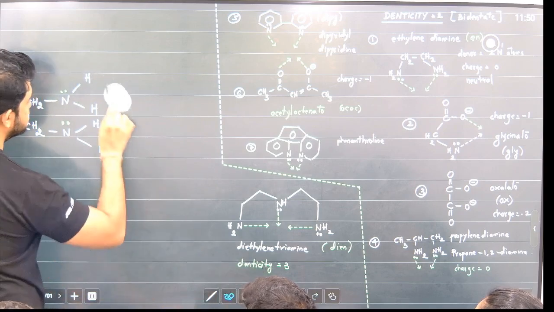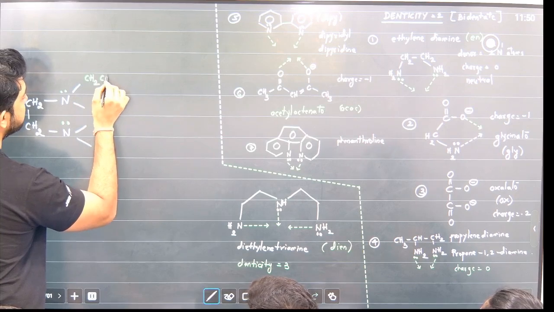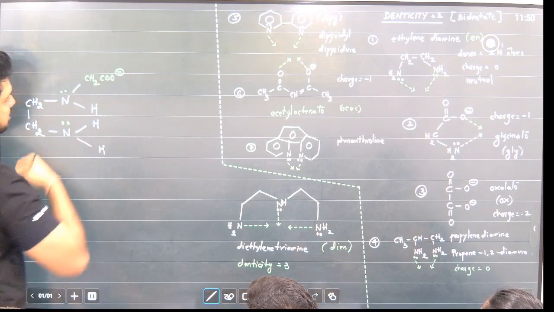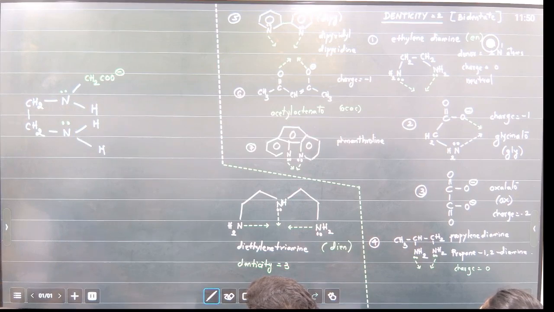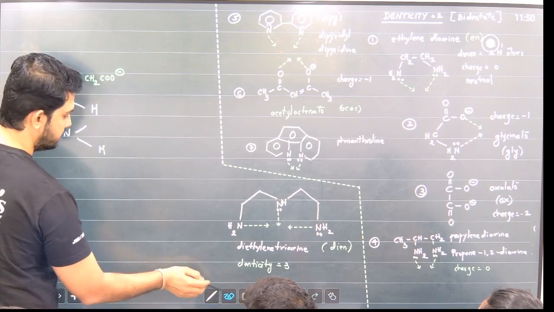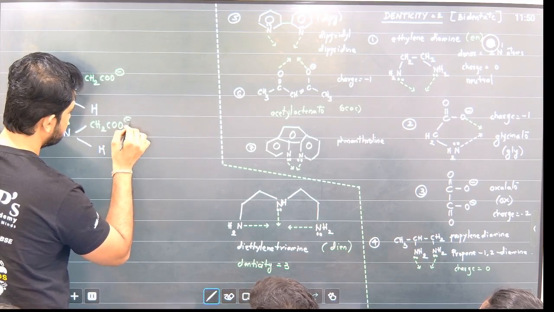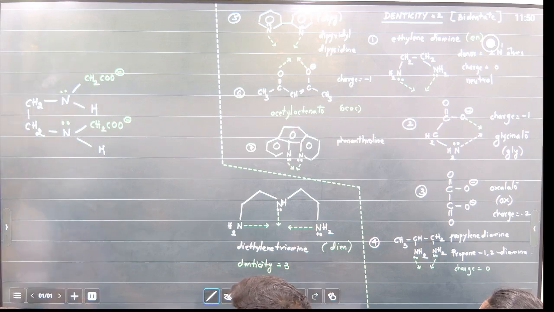Now I replace one of the hydrogens by acetate ion. So the denticity now changes from 2 to 3. Charge goes from 0 to -1. ठीक है? Now tell me, what is the new denticity? What is the new charge?